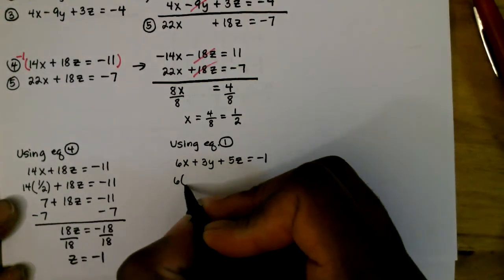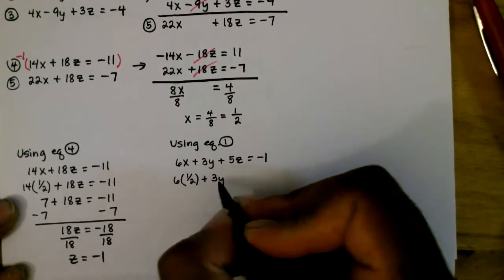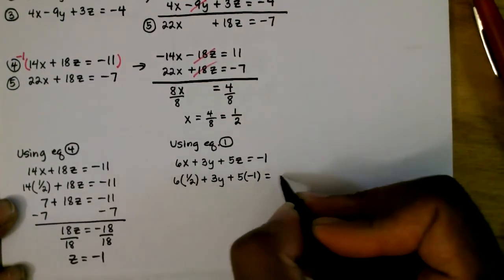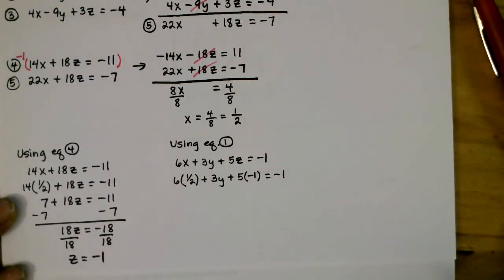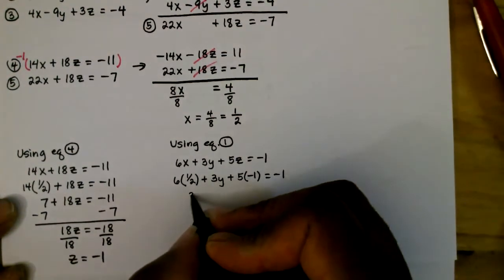So here, this will be 6 times x, which is 1/2, plus 3y plus 5 times z, which is negative 1, equals negative 1.